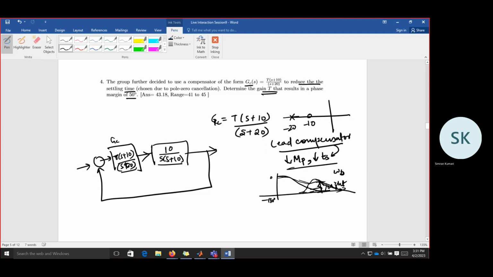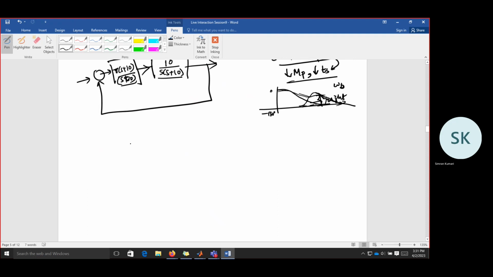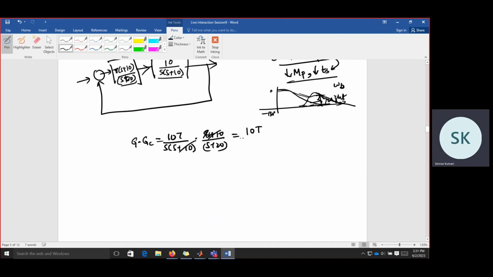We can say the open loop transfer function will be G into GC, because H is unity, so you can ignore this. It is 10T by (S plus 10) into (S plus 10) by (S plus 20). These two will cancel out. So 10T by (S plus 20). This is the open loop transfer function.